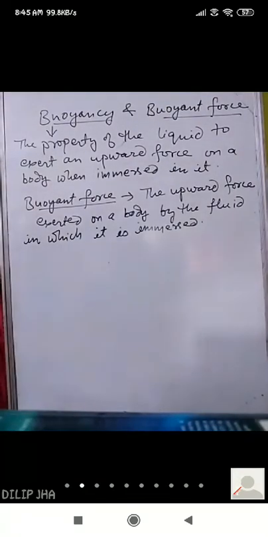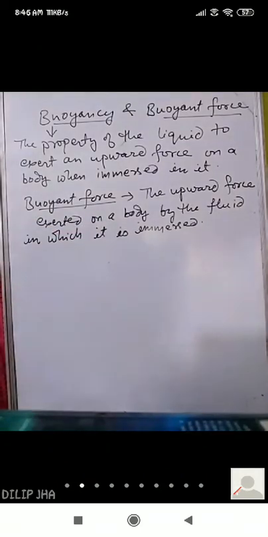Now what will be the SI unit of buoyant force? क्योंकि यहाँ force लगा हुआ है तो इसका SI unit होगा तुम्हारा न्यूटन, और you can also write kilogram force.